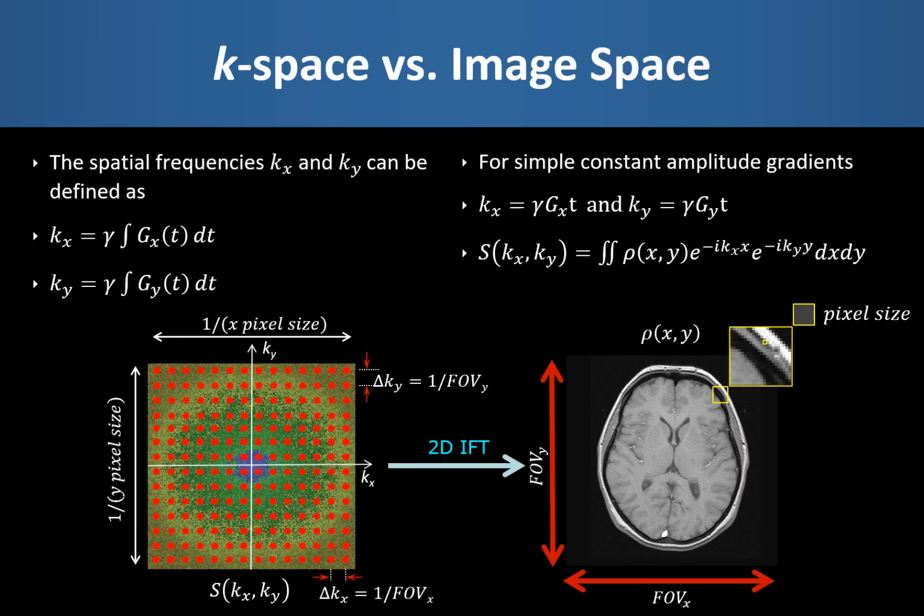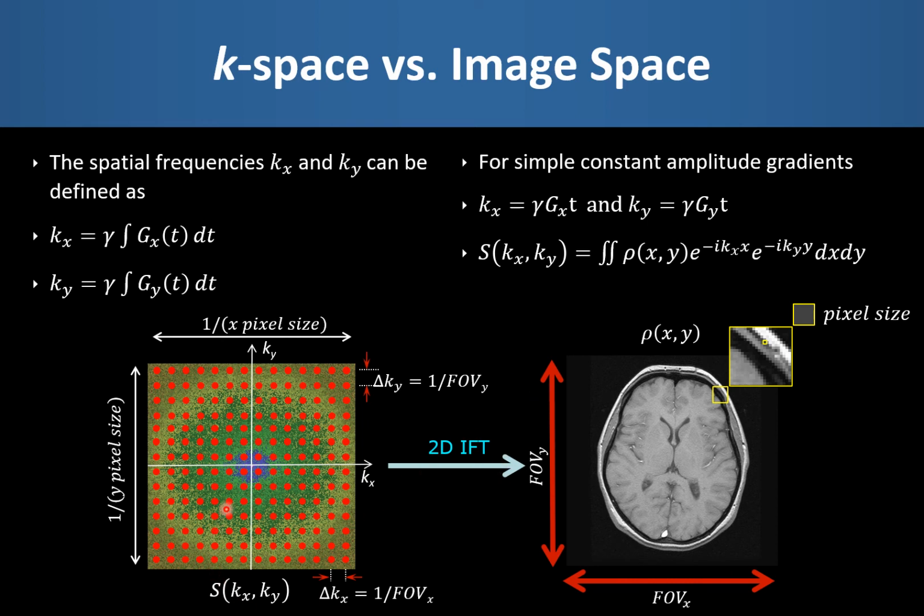Here are a few observations about the inverse relationship between K-space and the reconstructed image space. Firstly, note that the extent of K-space is inversely related to the pixel size in the image, and the spacing between individual samples is inversely related to the field of view in the reconstructed image.